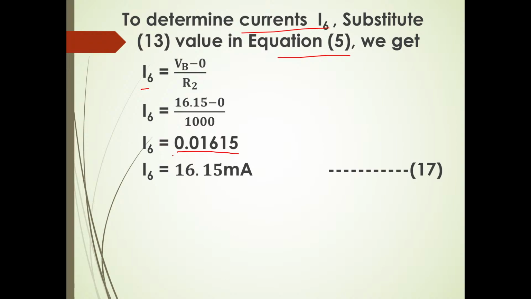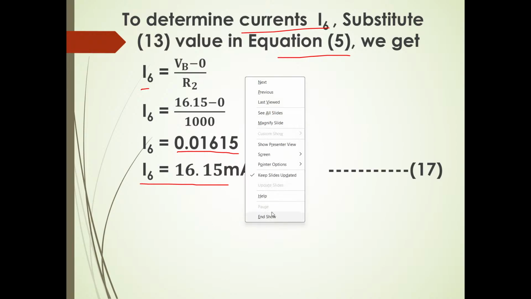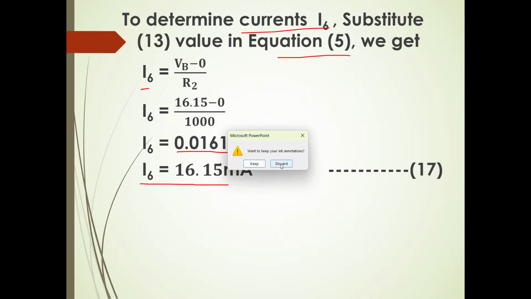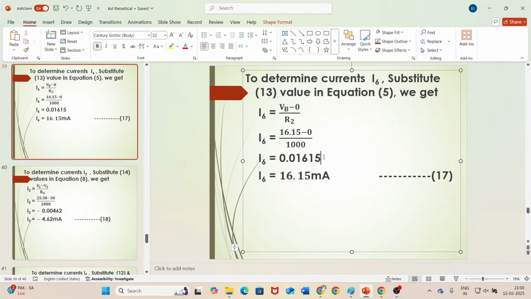You just observe here, you didn't get any negative value. That means whatever current direction that you have assumed for I6, that is the actual current direction in the given circuit. If you get positive values, that means in the same assumed direction the current will flow in the circuit. The current that you calculate here is in amperes.